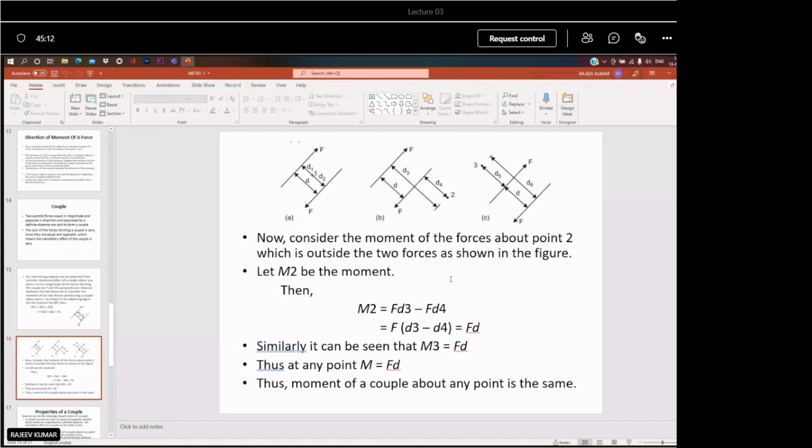See here, this point 1, by this point you want to, this is the axis of rotation. You have seen when your tap has a problem, the water is not stopping, it gets leaking.